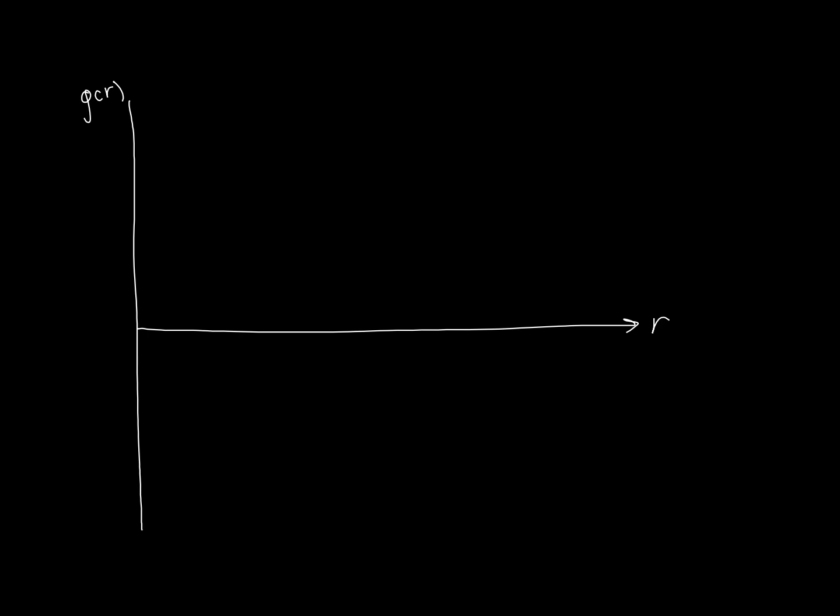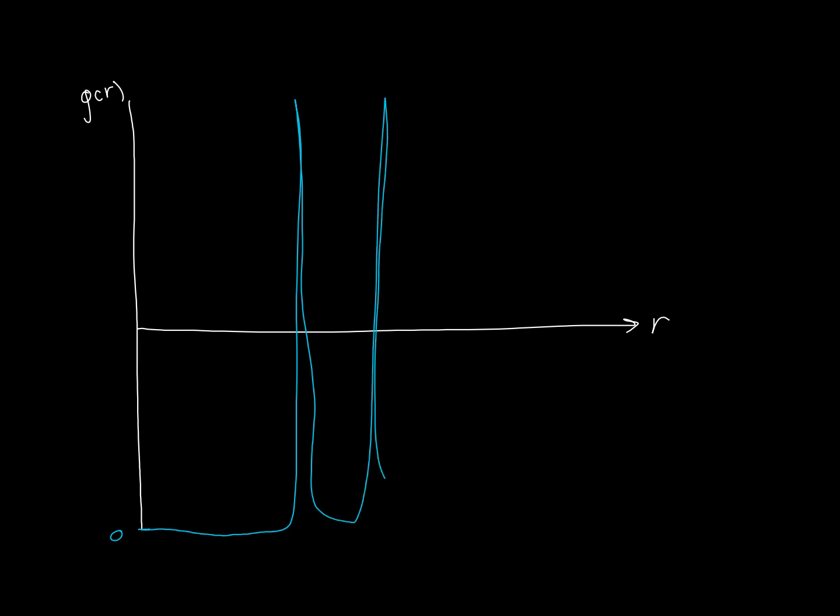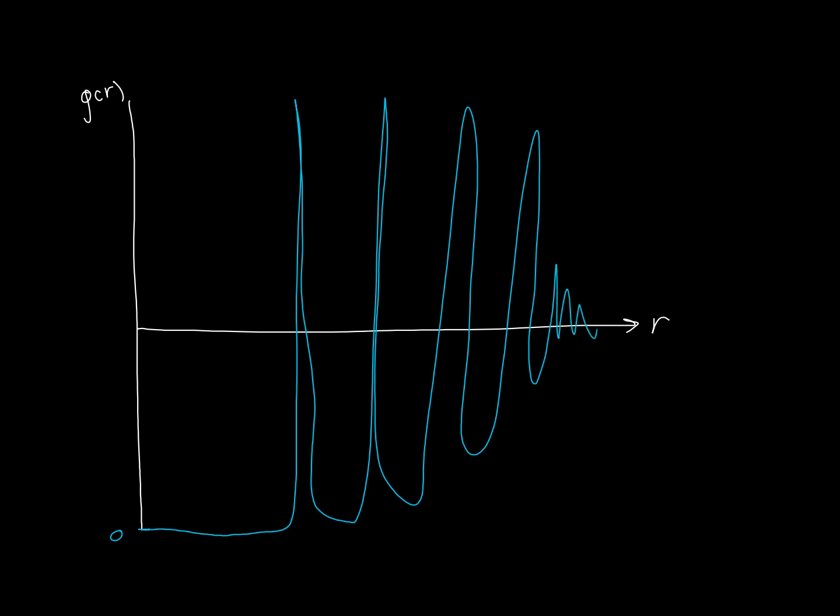What should my radial distribution function for a crystal look like? It'll be very, very sharp peaks. So we'll have 0 down here, and some amount. We'll have a peak there, and a peak there, and eventually it'll tend up here, and you'll just get a bunch of stuff, and it'll go off to nothing.